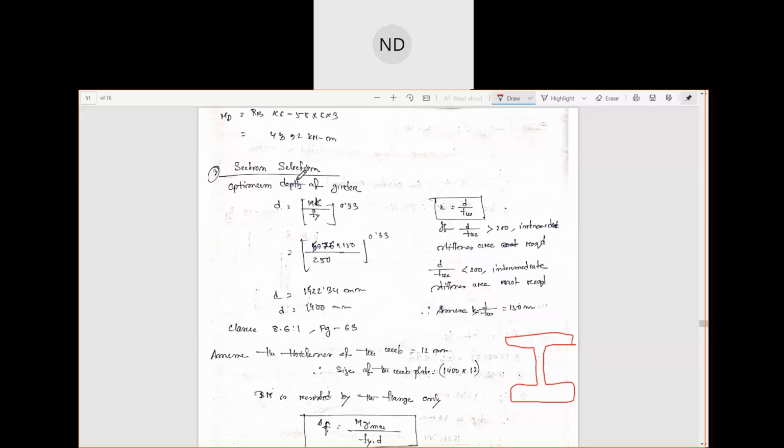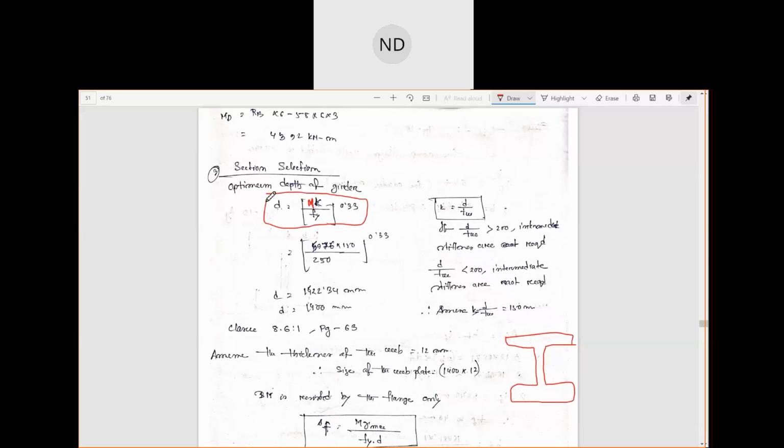Now for that we will proceed in this way. We will find out the optimum depth of the girder by d is equal to (Mk/fy) to the power 0.33. This M is the maximum moment which you have calculated, and small k by fy to the power 0.33 gives the overall depth of the girder.